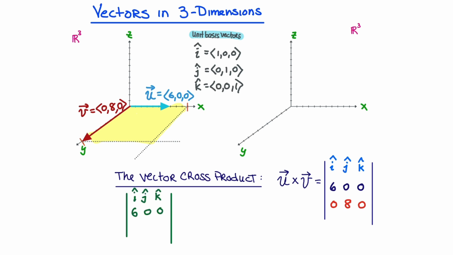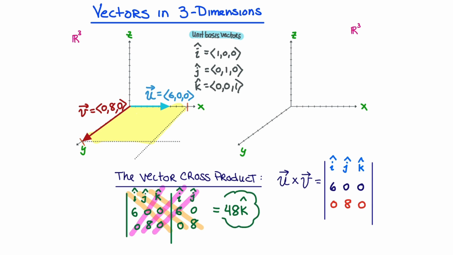Now, just like we did before, to find the 3 by 3 determinant of this matrix, we're going to go along the diagonals, multiply what we have along the diagonals, and add up the results. The diagonals going from right to left get the negatives, but in this case all of those are 0. So the result of taking these two vectors along the x and y axis gives us a vector that lives directly along the z-axis.